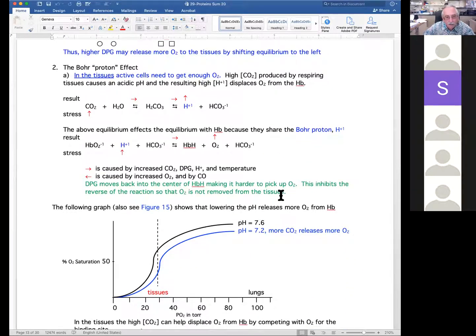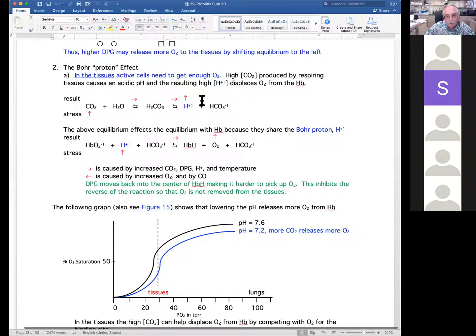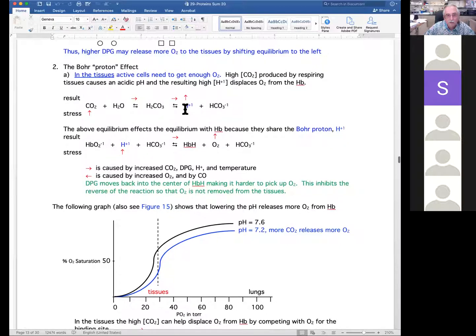And in tissues that are actively respiring, there's a lot of CO2 being produced. So what happens is the pH goes down because there's lots of hydrogen ion. That lots of hydrogen ion then can cause hemoglobin to release its oxygen. So the effect is fairly dramatic, right?